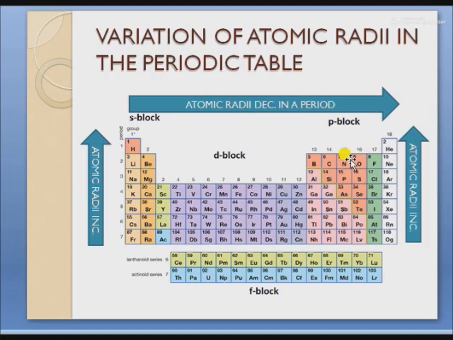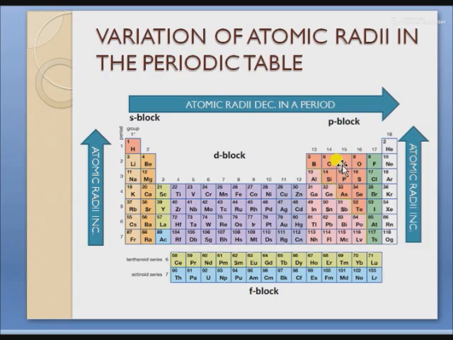Why does it occur like this? In case of nitrogen, its electronic configuration is 1s2, 2s2, 2p3, means exactly half-filled configuration. Here the nuclear charge increases by 1 unit as we move from nitrogen to oxygen, and p orbitals of oxygen contain 2 electrons which repel each other.